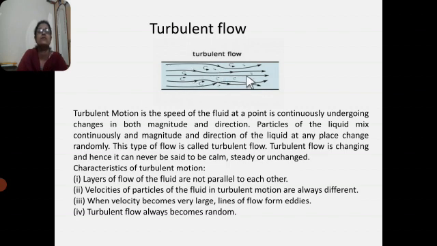The layers of the fluid are not parallel; they move randomly and are not parallel to each other. The velocity of the particles of the fluid in turbulent motion is always different in different places, and when velocity becomes very large, lines of flow form eddies or vortices, and turbulent flow always becomes random.